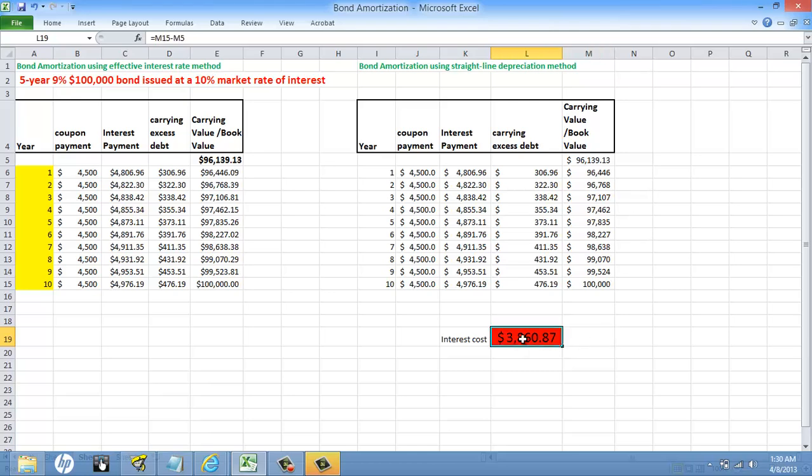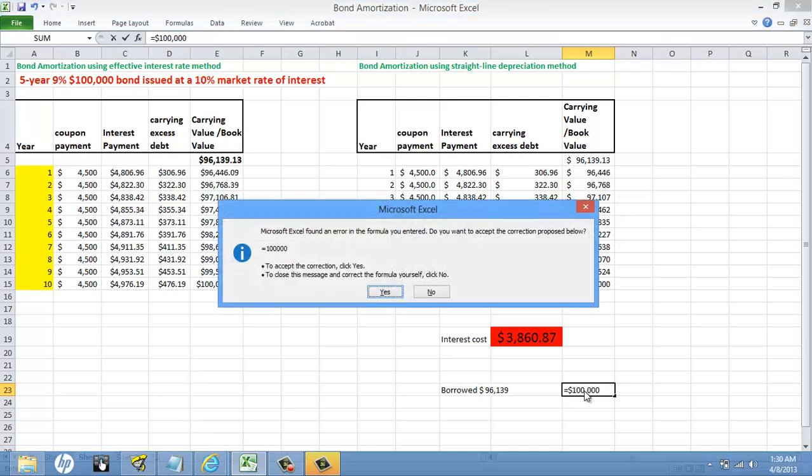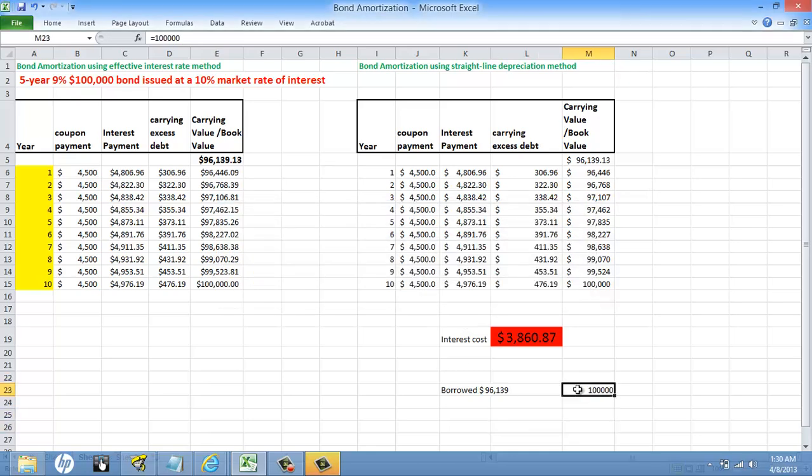How did we get that? We got this because we borrowed 96,100. This is the cash we received from our investors, and we paid them 100,000.